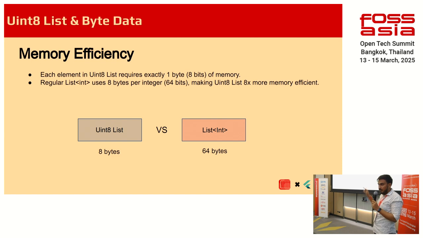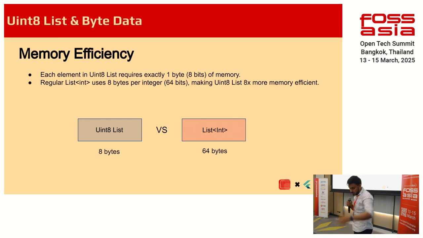So we need a 2D list of ints, but we do it at the very end. Before that, we handle everything in Uint8List, because it takes 1 byte to store each element, whereas an integer is going to take 64 bits. So that's why I used Uint8List.